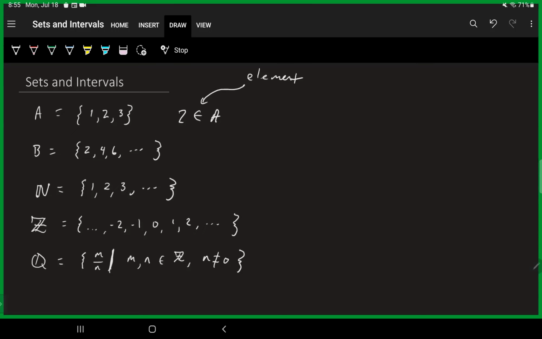But I tried to make sure it was obviously one character here. So the natural numbers is what this is, represented by the double struck N, and it's a set containing all the counting numbers 1, 2, 3, and so forth.